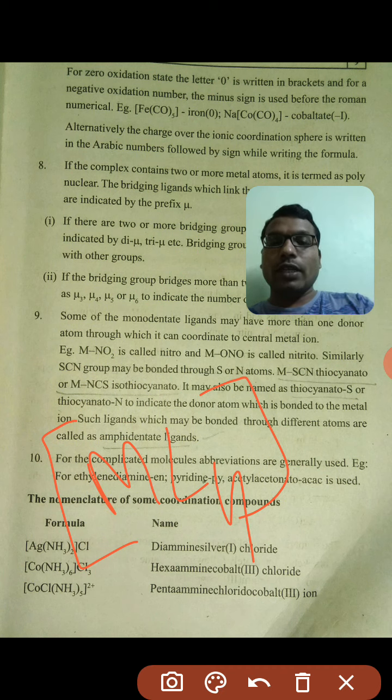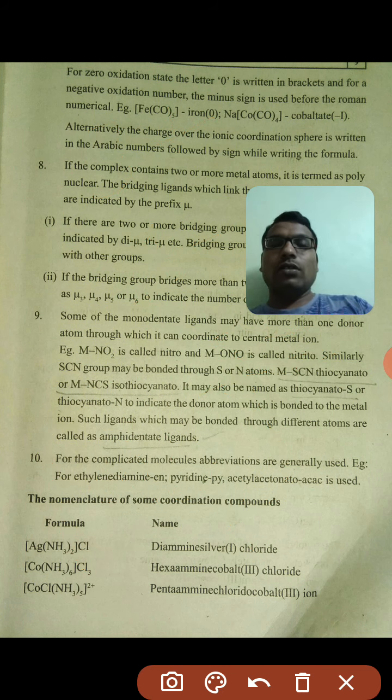So first we write, for example, 2 minus. Suppose the charge is 1, we write 1 minus. If it is 3, then 3 plus. So this is the representation.